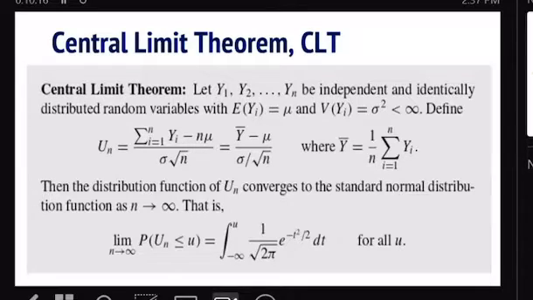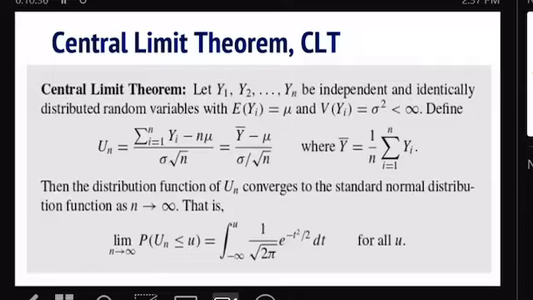The moment the mean and the variance of the underlying distribution are finite, and the sample size is sufficiently large, the central limit theorem is going to apply.